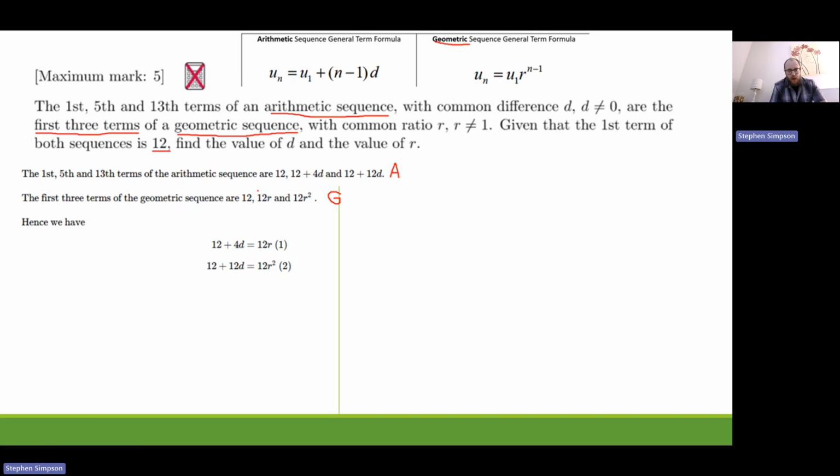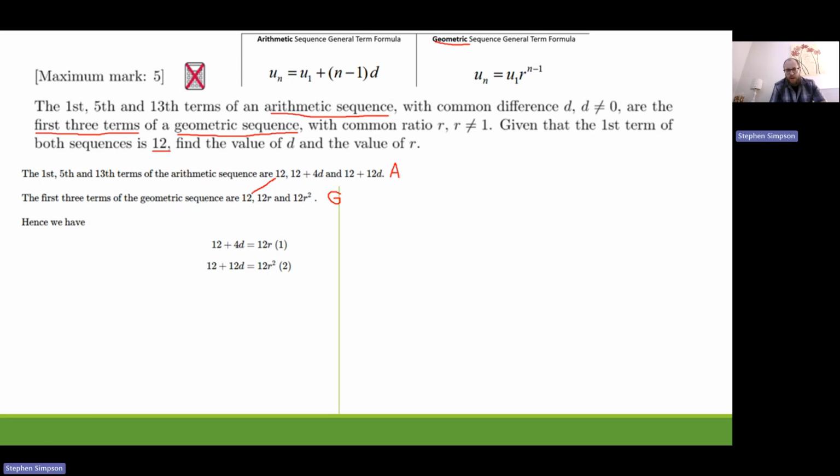So 12 times r, 12 times r squared, or you can plug 1, 2, and 3 in for n in this formula above. Same thing. So now that we have a way to represent these first three terms, we have some things that we know have to be equivalent. So the first term of the arithmetic series equals the first term of the geometric series.